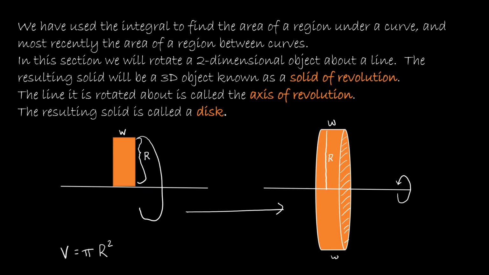Think about however many circles it would take to create that width; we're taking a circle and essentially stacking it. So very easy if we have a disk that looks like this.